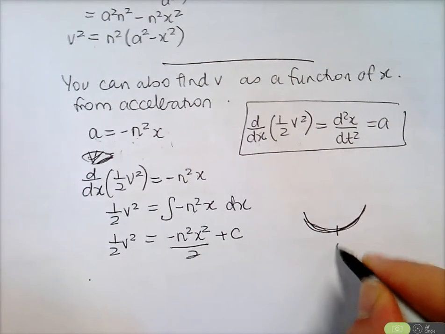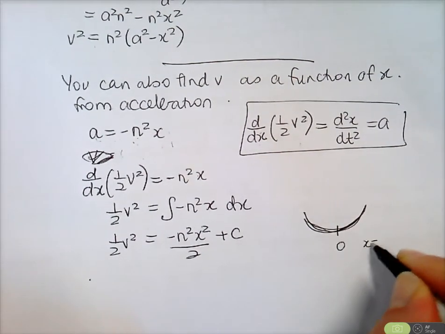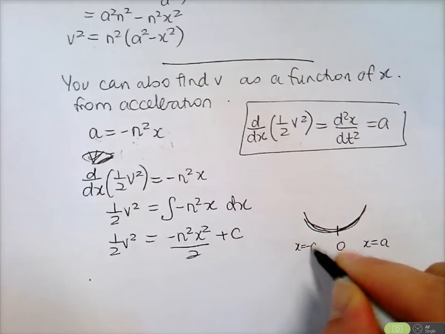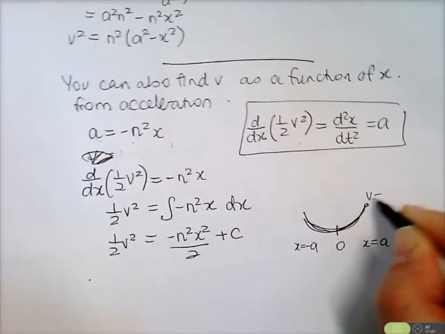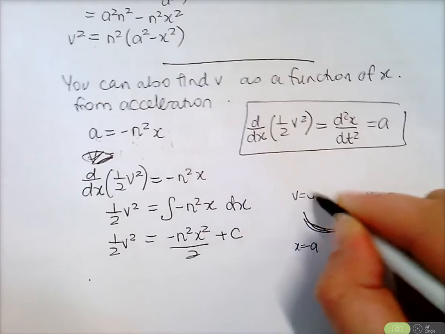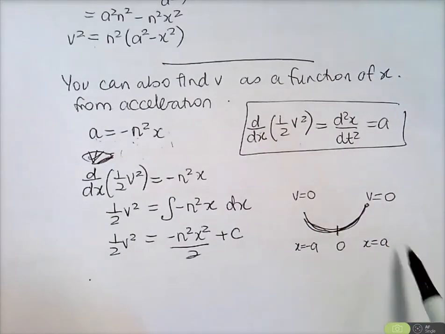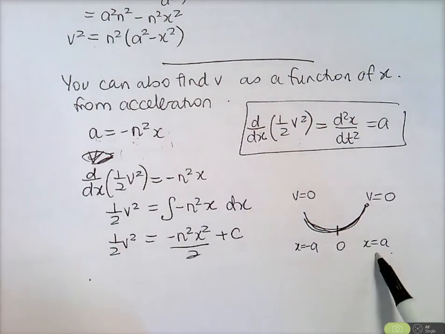No, that's the centre. It's at the endpoints, x equals a, where velocity is 0, and the centre is the fastest. So at the endpoints, like the end of a pendulum or a kid on a swing, provided no air resistance, when x equals a, v equals 0.